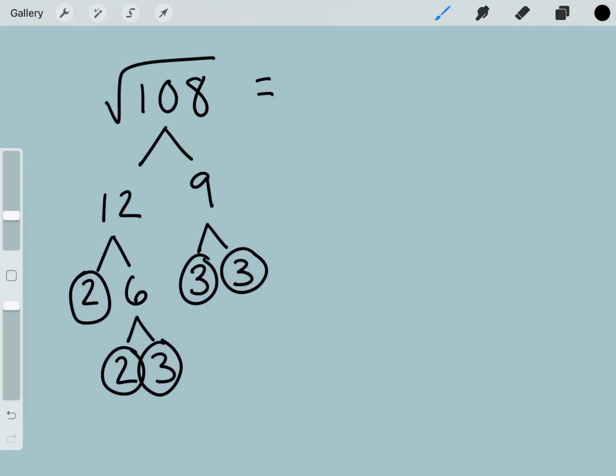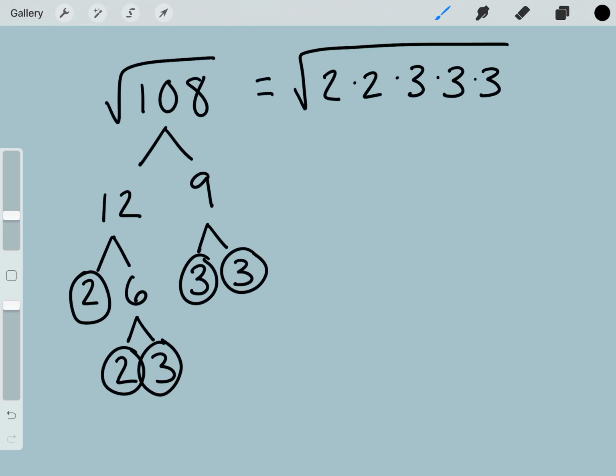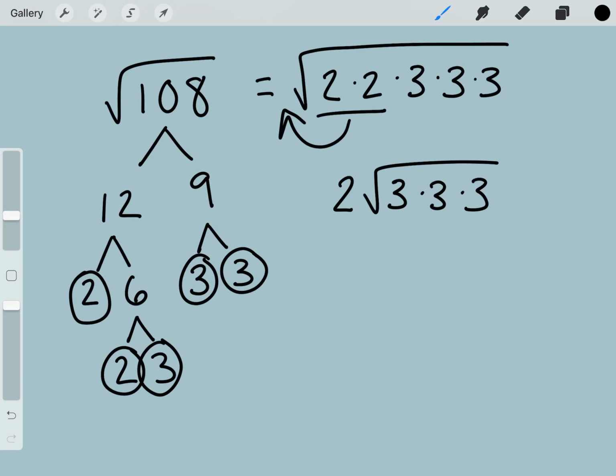So if I want to rewrite the square root of 108 into its prime factors, I'm going to rewrite it as 2 times 2 times 3 times 3 times 3. And in this problem, I'm going to notice that there's a pair of 2s that can leave the radical as 1. So they leave, and then what's left is 3 times 3 times 3.